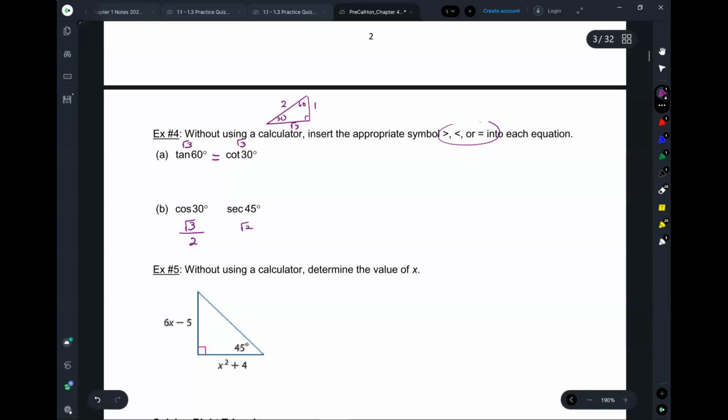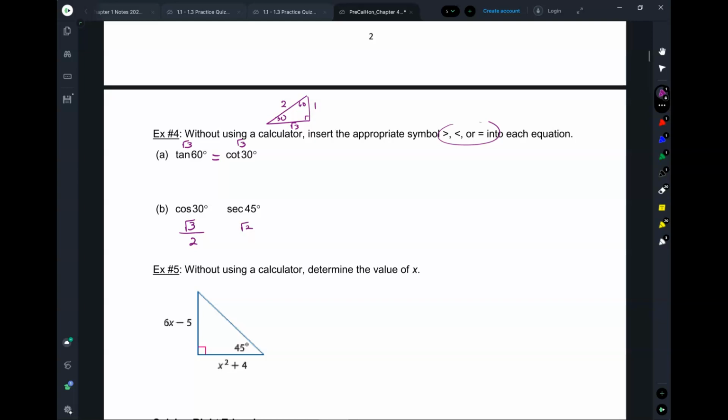Now, you don't have a calculator, and you have to figure this out. We don't need to know exactly what decimal value each one has. So let's think about this for a minute. I have a root 2 and a root 3. Between a root 2 and a root 3, which one's bigger? Root 3 is bigger. Then if I divide that by 2, now what happens in comparison to the root 2? It'll be smaller, right? So this is the smaller value.